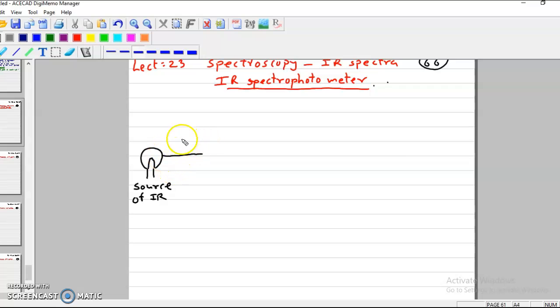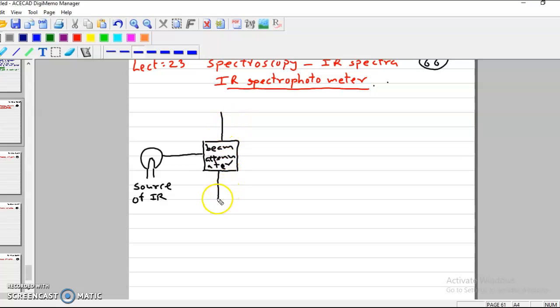Of course, we have to put the slit and all to get the beam. And then there will be one compartment over here which is known as beam attenuator. The function of this beam attenuator is to split IR radiations into two different radiations in different directions.